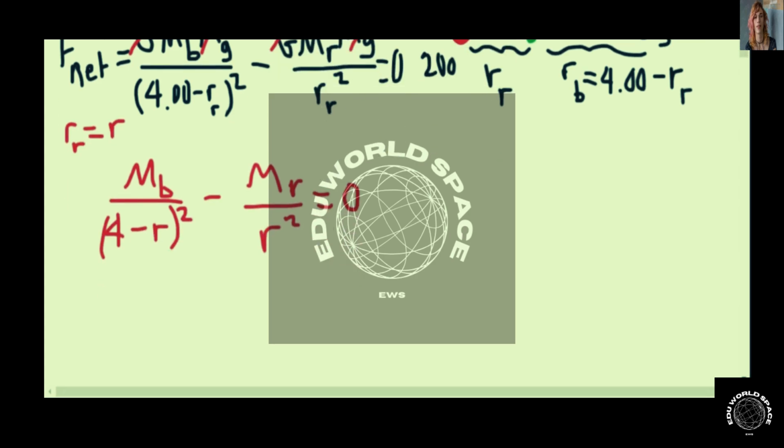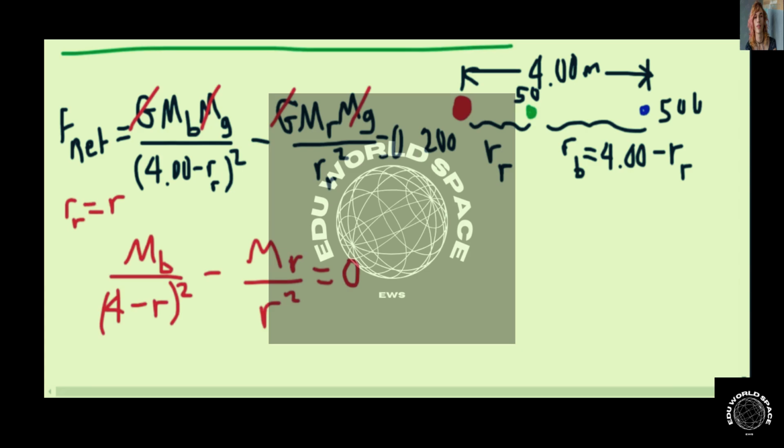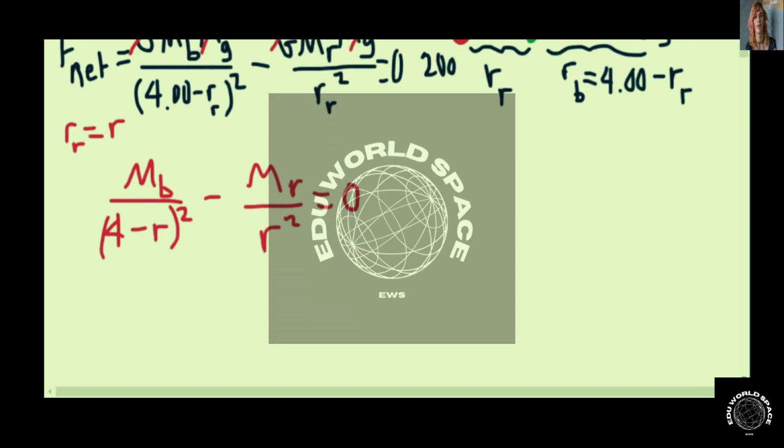I'm just making sure I didn't make any mistakes yet. There are a couple of ways to do this, but I'm going to do what I think is the easiest way, which is I'm going to graph this and figure out where it crosses the x-axis.